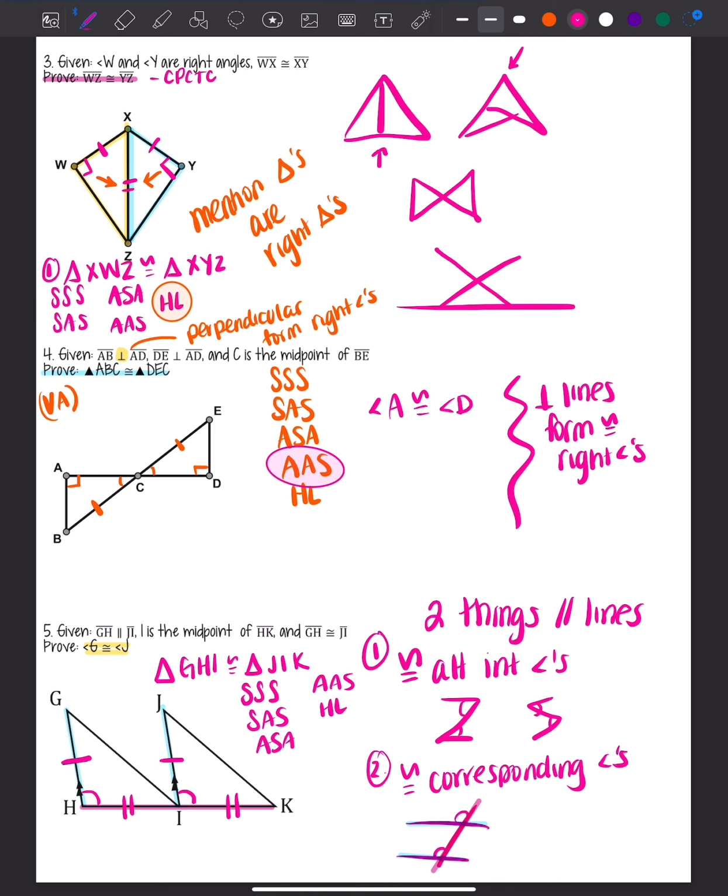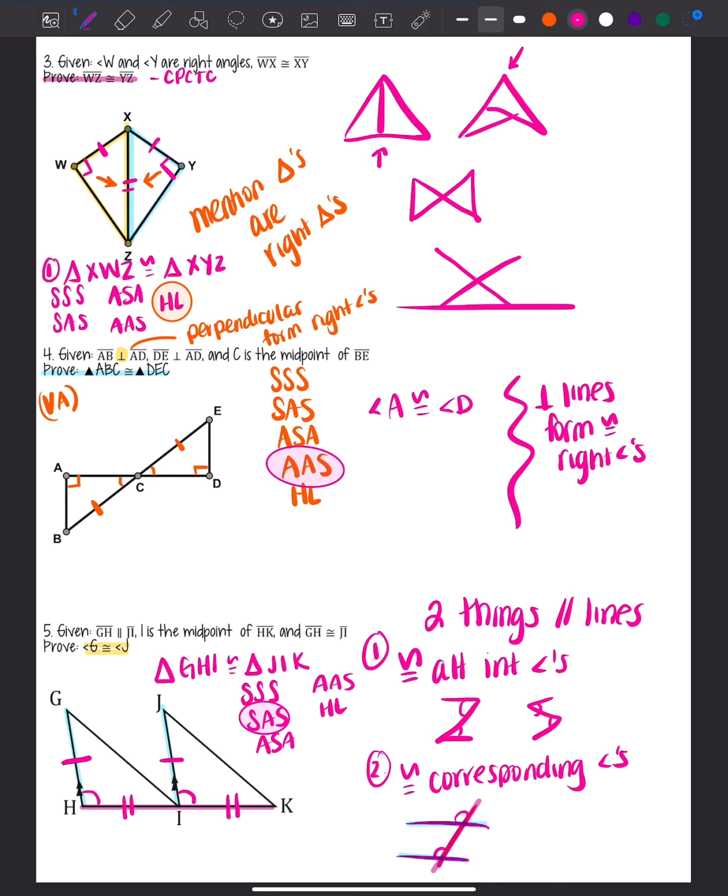So I'm looking at my diagram, and I can immediately tell by the markings that side angle side is where I'm going. Now, if you're the type of person that needs to eliminate as you go, or, as you get more comfortable, maybe you don't have to eliminate. You do what works for you. But I know how to write this proof out. I'm going to say that these two triangles are congruent because of side angle side.